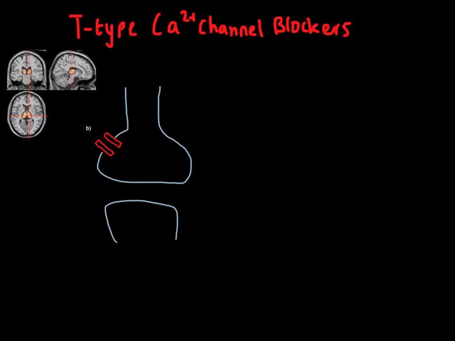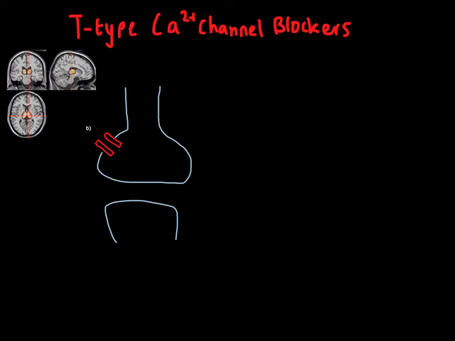The last class of drugs that we're going to talk about is the T-type calcium channel blockers. And so these are going to be in the thalamus. This is my crude representation of the thalamus. And the T-type calcium channels are responsible for the pacemaker potential.